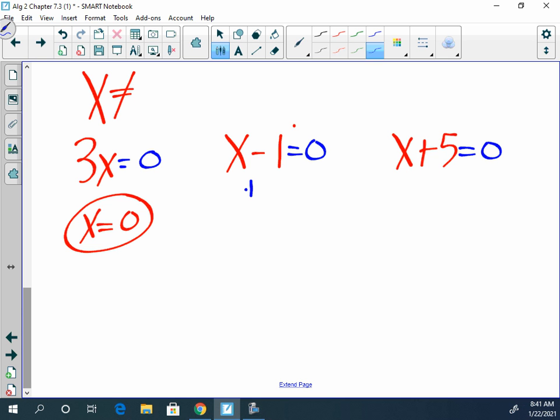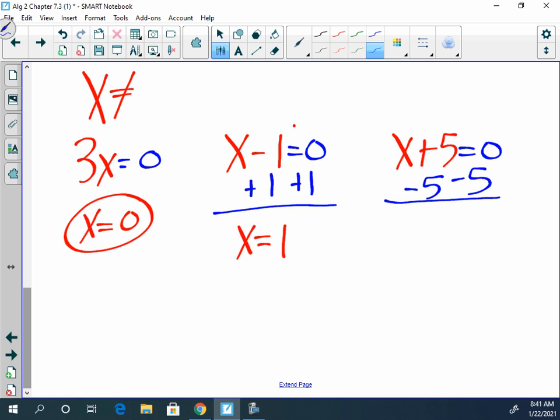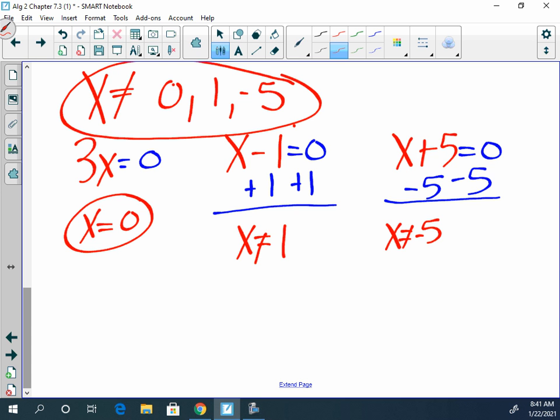Now this one here, we can add 1. x would be 1, and here we would do the same. So for here, x cannot be 0, 1, or negative 5.